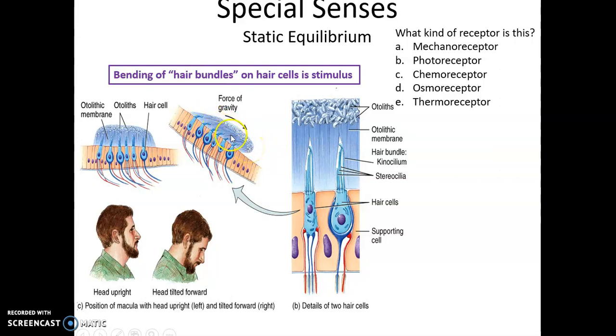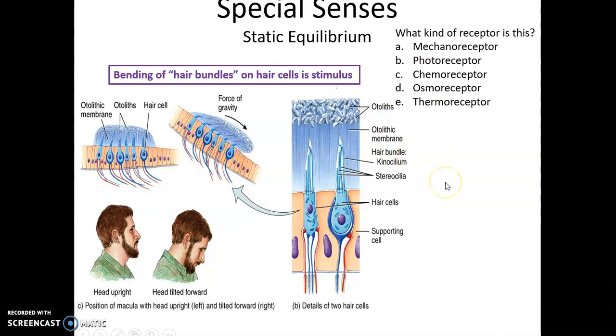And as the otolithic membrane oozes in that direction, it will bend the hair bundles, and that will be the stimulus, the signal that the hair cells transmit to the sensory neurons. So again, hair bundles embedded in the otolithic membrane attached to the hair cells that synapse with the sensory neurons.